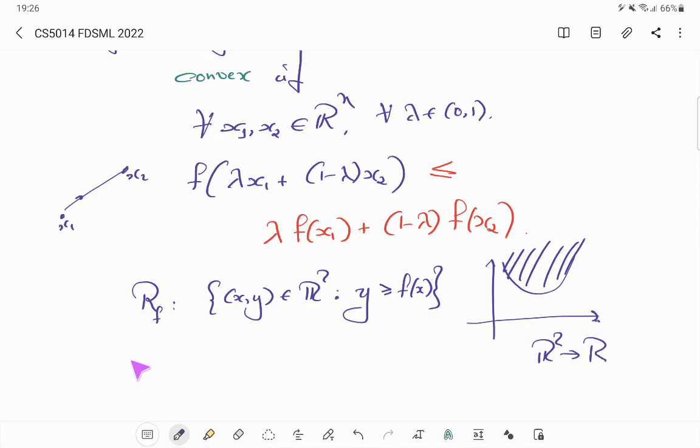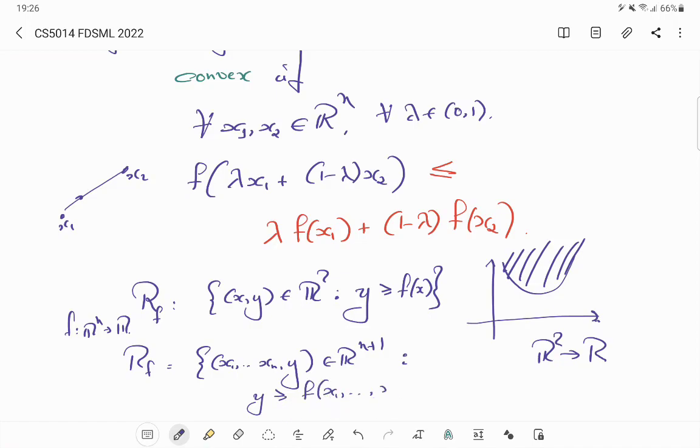So if f is a general function from some Rn to R, what would this be? It would be all those points (x1 to xn, y) element of Rn plus 1 such that y is greater than or equal to f of x1 up to xn. I shouldn't have gone into these details, just to give an intuition.